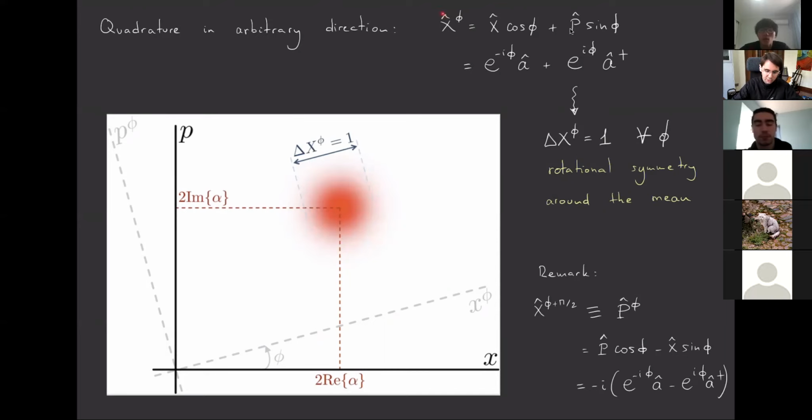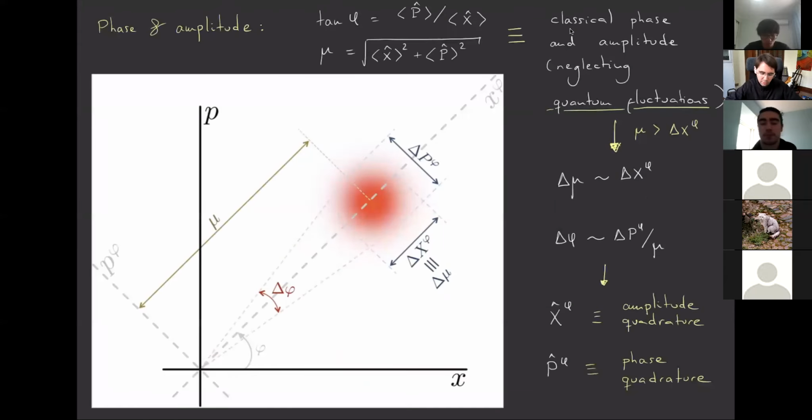Then we defined a general quadrature in a direction phi as x phi, and the corresponding momentum as p phi, which is actually just x phi, but changing phi by phi plus pi over 2, okay? So this is one thing that we saw. And then we saw how coherent states allow us to define something very important, as we will be discussing even more today, which are the amplitude and phase properties of the electromagnetic field, or in this case of just a single harmonic oscillator.